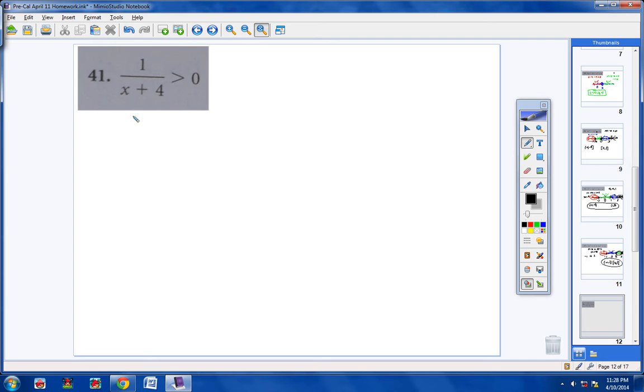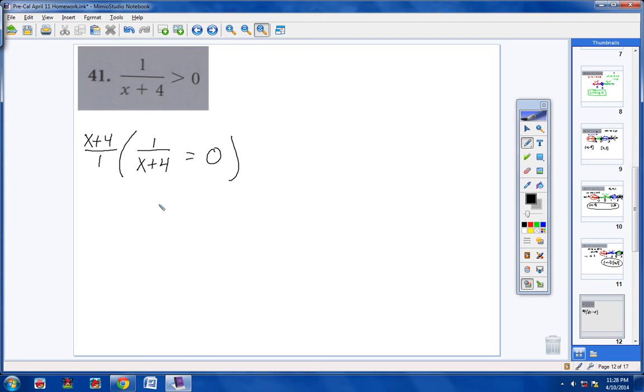Now, don't forget, when it comes to rational inequalities, there are two different types of critical values. One type is when you take the equation, like I'm doing now, and you set it equal to 0, and you solve that. So I'm going to multiply the entire equation by x plus 4 over 1.